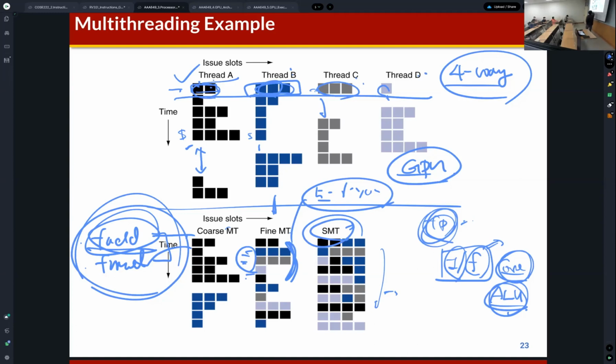That's why GPUs employ fine-grained multi-threading. With fine-grained multi-threading, GPUs can hide some clock cycles of executing floating point instructions, or also some other complex instructions such as special function instructions.